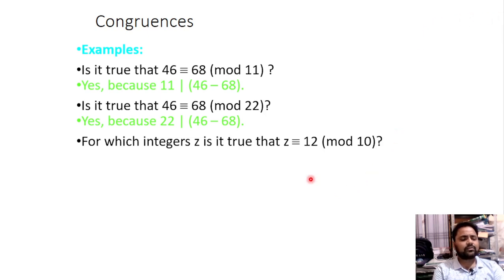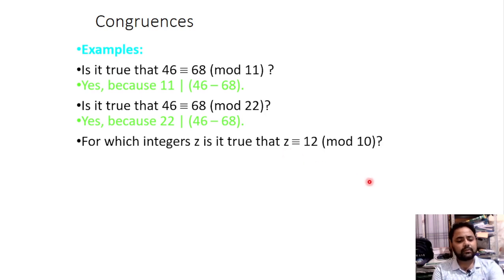many integers, like if we use here at the first 12, the difference of 12 minus 12 is equal to 0, and the same for 22. For 22, this will be divisible by 10, and same for 32, this will be divisible by 10.